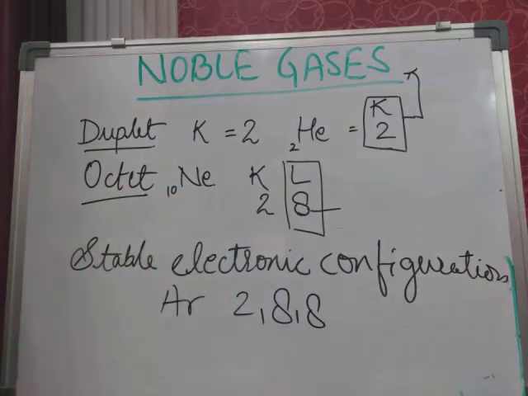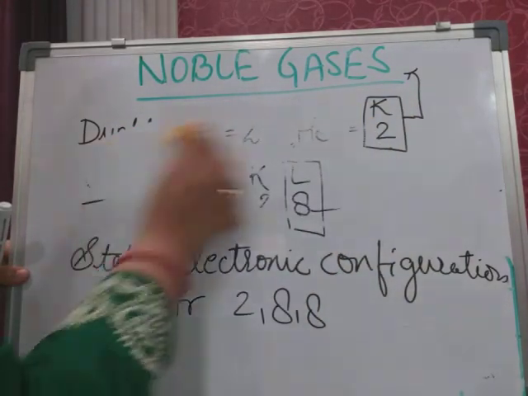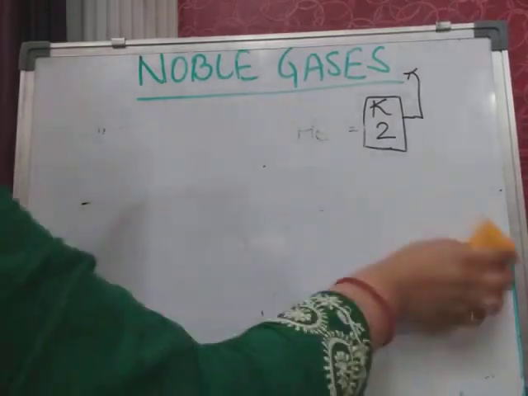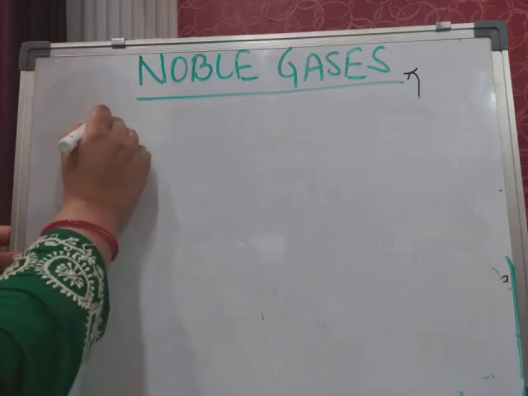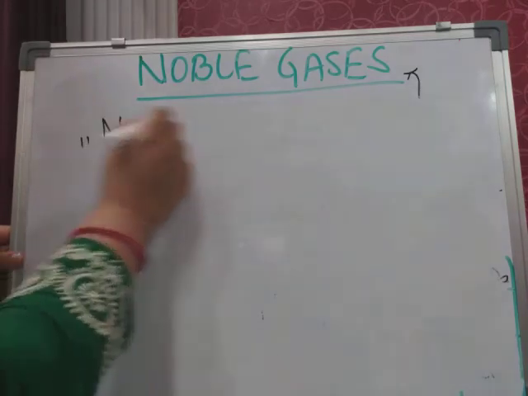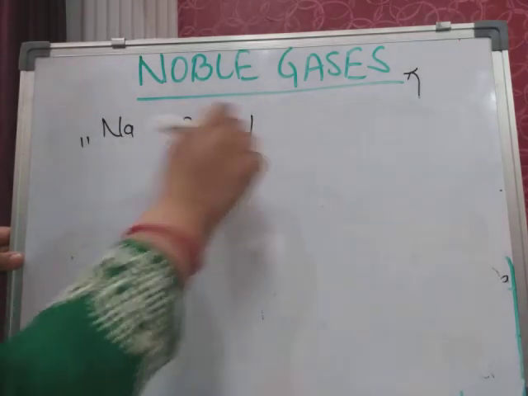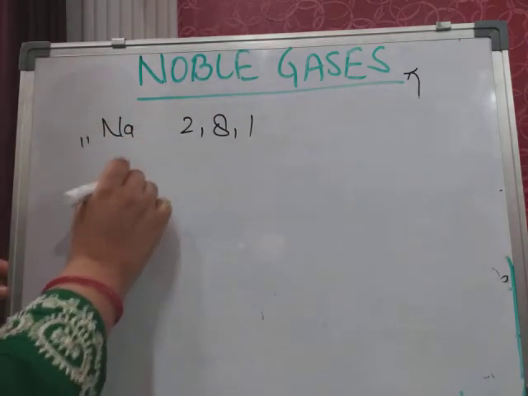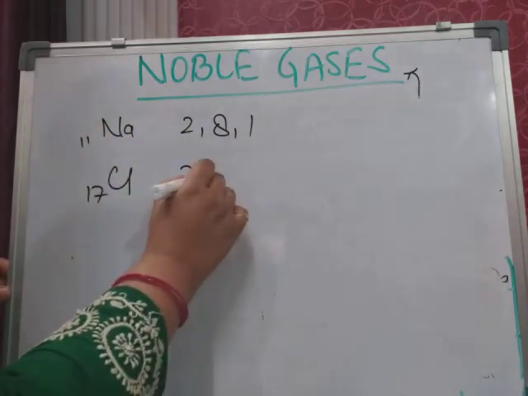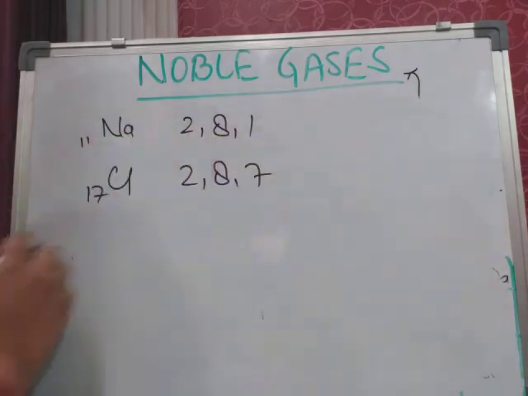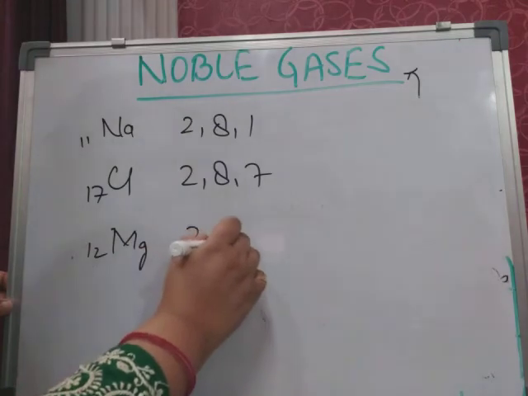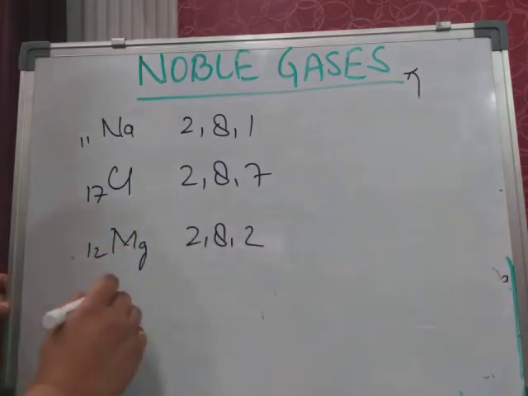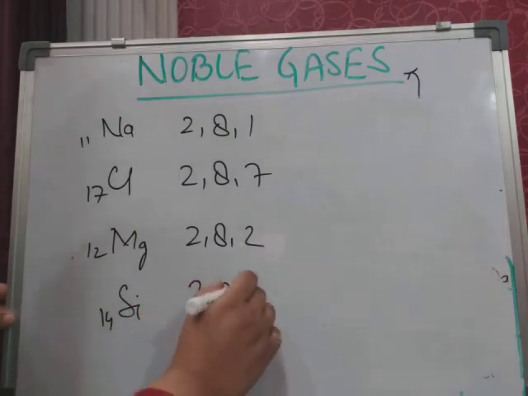Like sodium, whose atomic number is 11 and electronic configuration is 2,8,1. Chlorine, atomic number 17, has electronic configuration 2,8,7. Magnesium, atomic number 12, has 2,8,2. Silicon, atomic number 14, has 2,8,4.